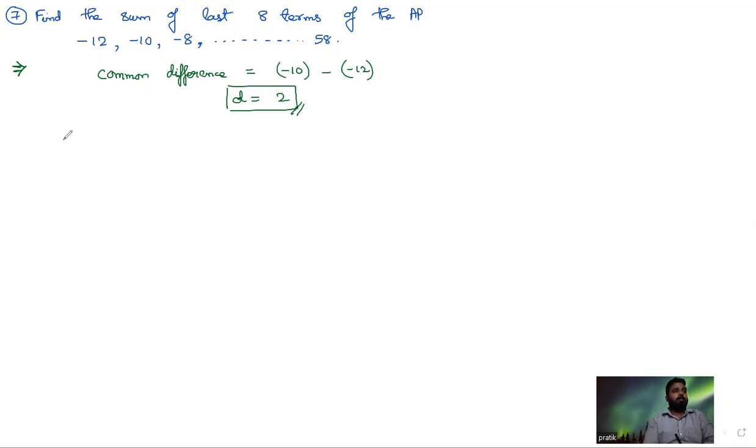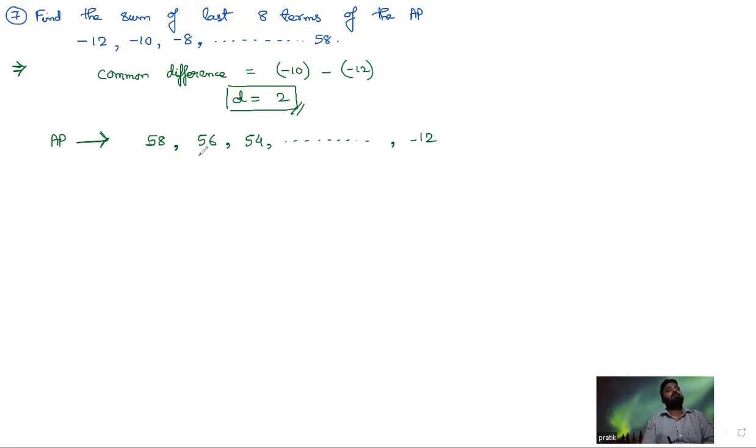The AP will now be 58, 56, and so on. Why did I consider D to be minus, not plus? Because 58 is the last term, so I'll have to keep decreasing the value: 54, and it goes on all the way till minus 12.